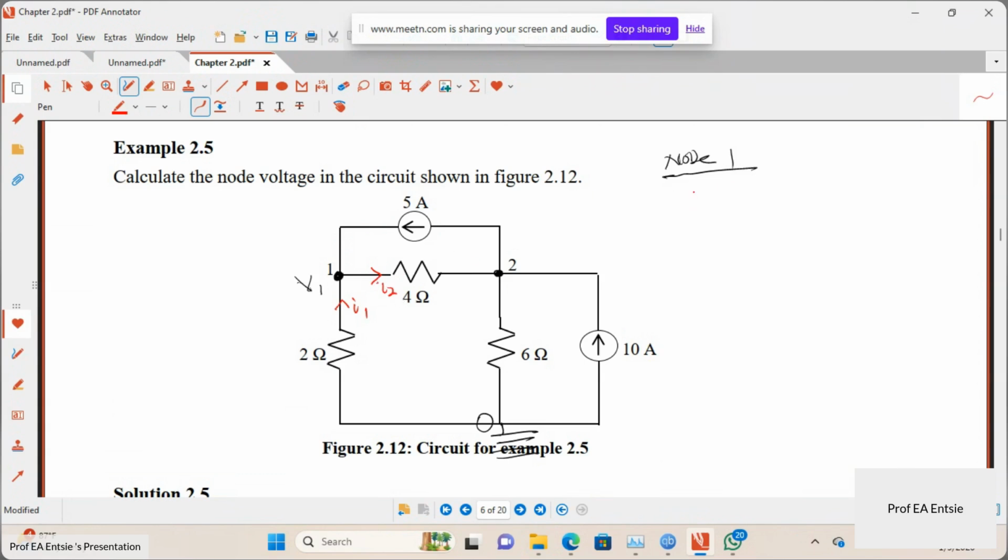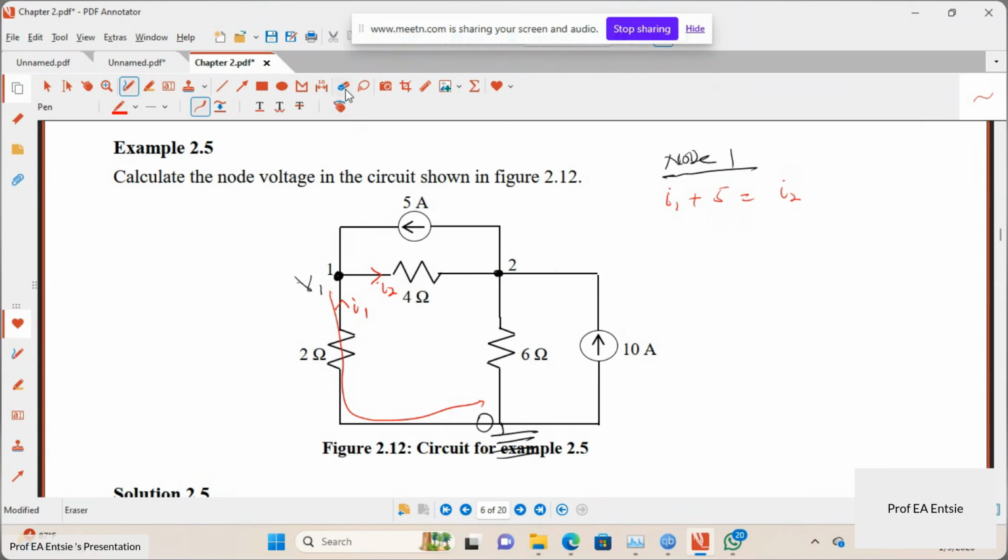So at node 1, I will say the ones entering are small I1 plus my 5 amperes coming from the current source is equal to the ones leaving, which is I2. So small I1, how can I find the current in terms of voltage and resistance? I1 is flowing through this whole branch up to the reference node.